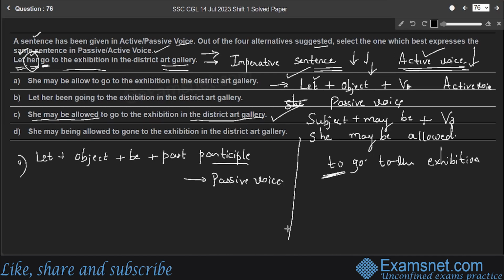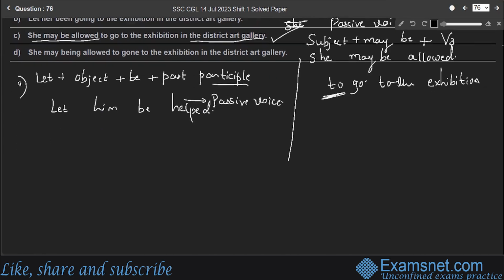So, for example, let him be helped, right? Here, let him is the object, be helped. Let him be helped is the passive voice format of an imperative sentence. So convert this to active voice. Its active voice will start with V1, which is the present tense of the verb helped.